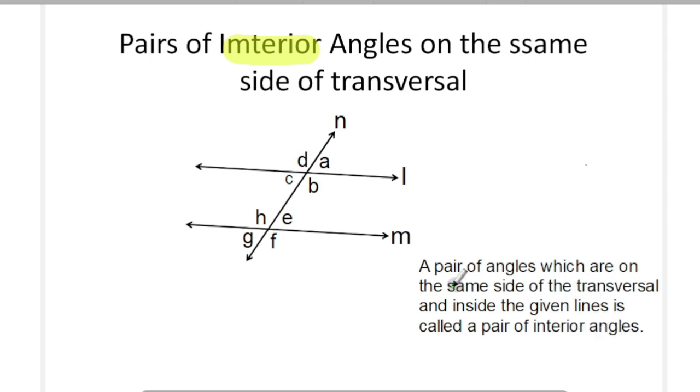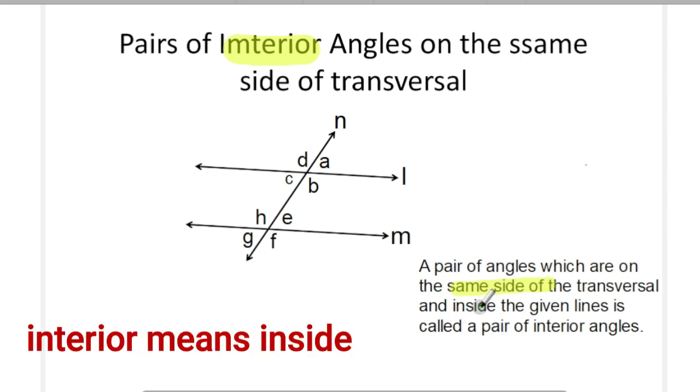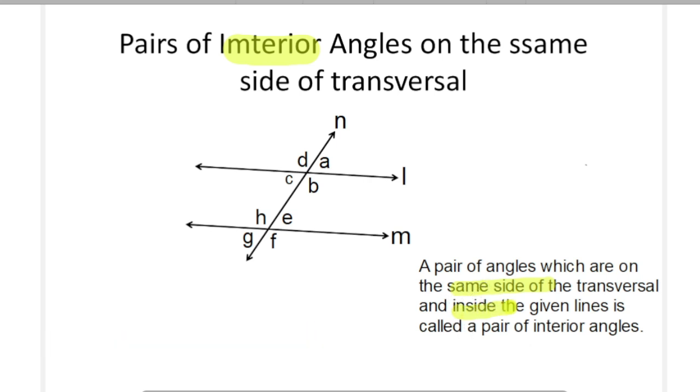Interior angles means you have to remember same side of transversal. The angles will be on the same side of transversal and interior. The word interior means inside, inside the given lines.